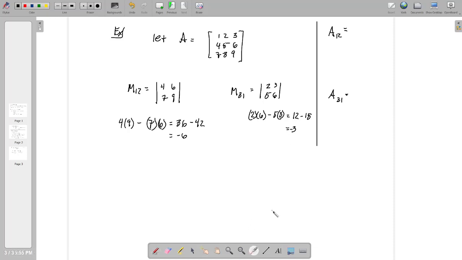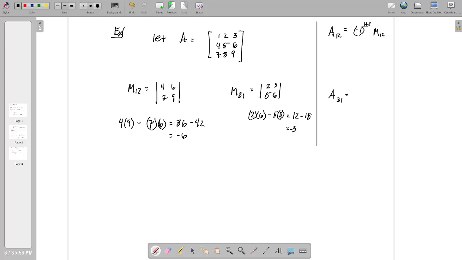Now we need to determine what the cofactor a sub 1, 2 is and the cofactor a sub 3, 1. Let's start with 1, 2. Now remember, the cofactor is negative 1 to the i plus j times the minor. In our case, i is 1 and j is 2. So we have negative 1 to the 1 plus 2 times the minor m sub 1, 2.